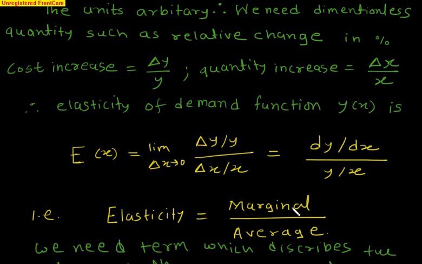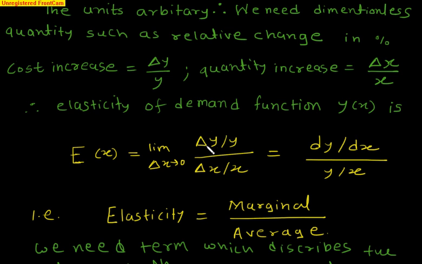You have to remember, marginal can be found out using derivative, and average is just average, you know average already. Or in another way you can say, what is the effect on cost when we increase the production or quantity.